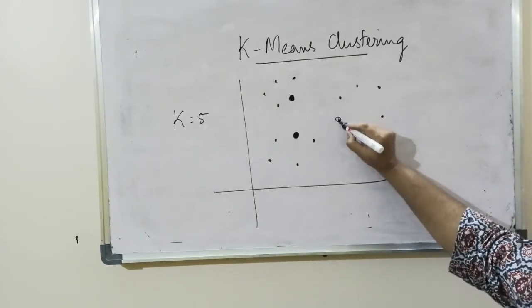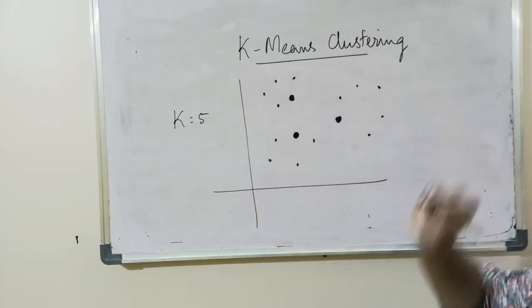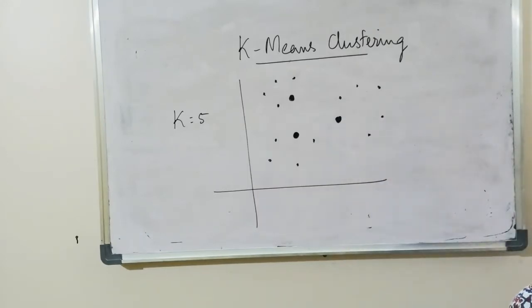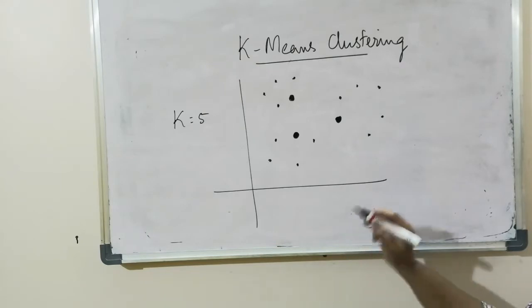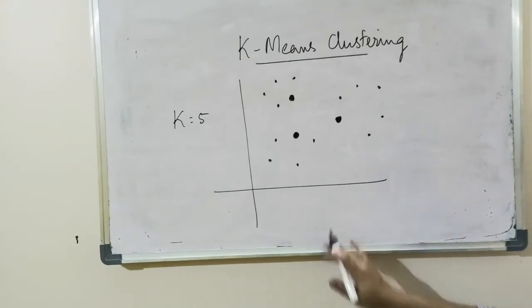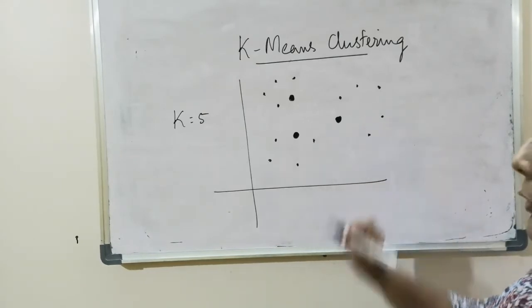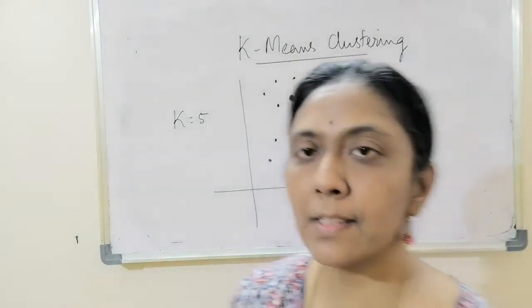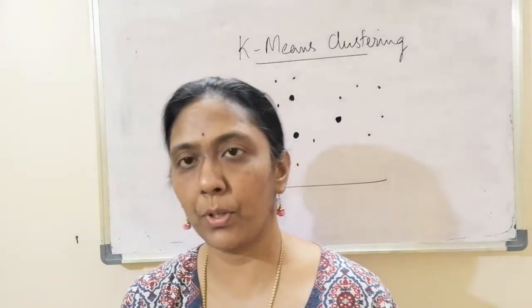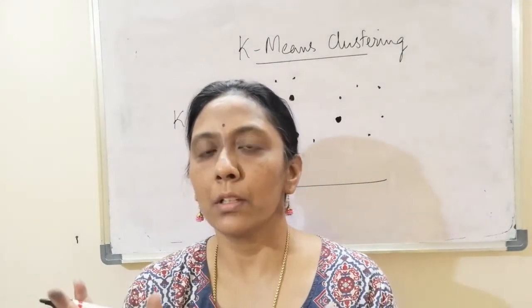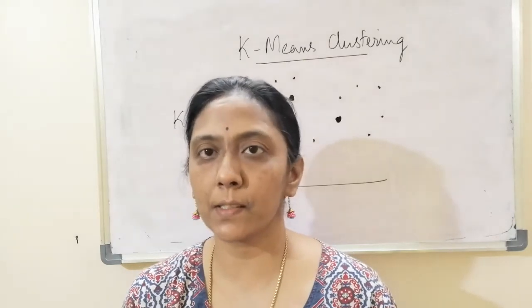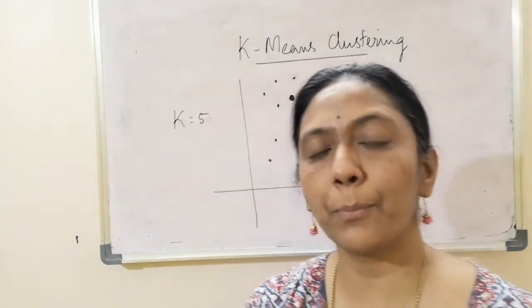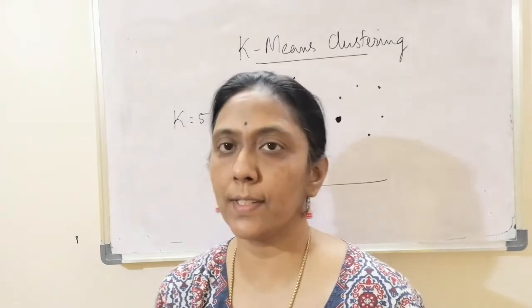These seeds are selected at random. After selection of seeds, I have to consider the rest of the population and find out which are lying in proximity to these seeds. Proximity means nearer to these seeds.